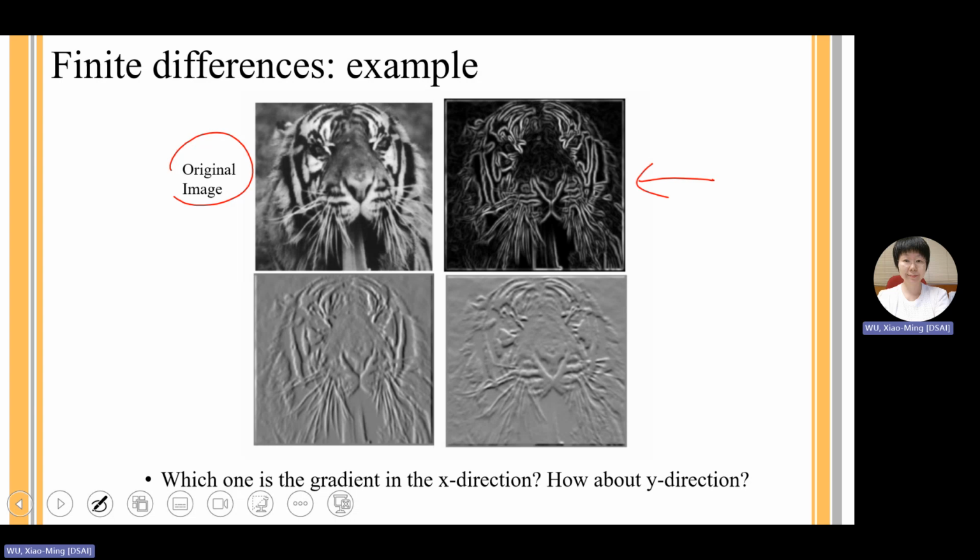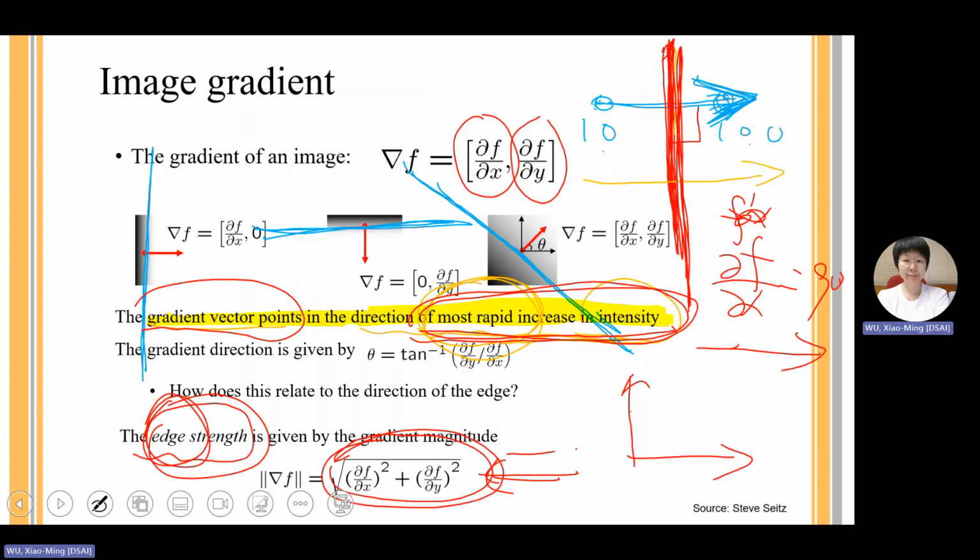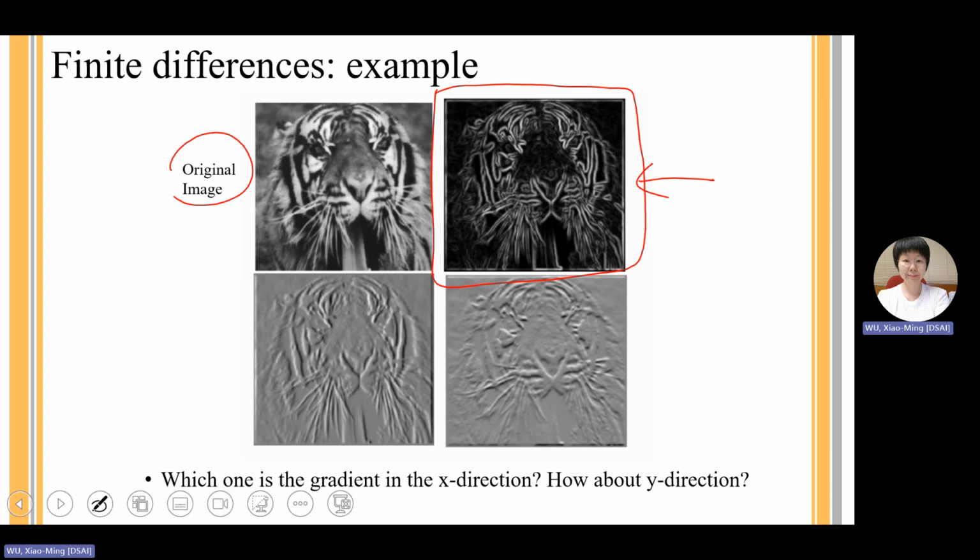This one clearly is the gradient magnitude map. This is the result of the gradient magnitude. And this is the result of x or y derivative.